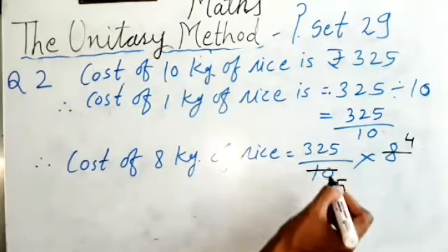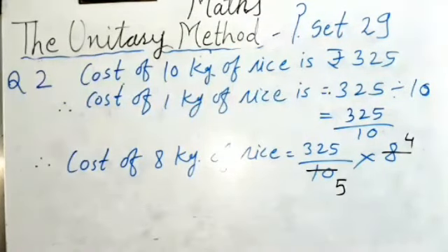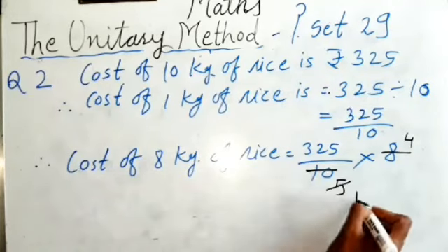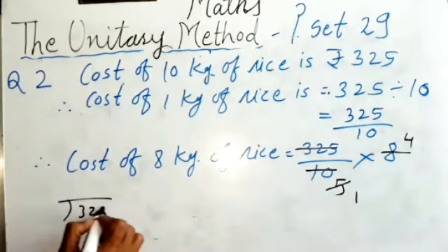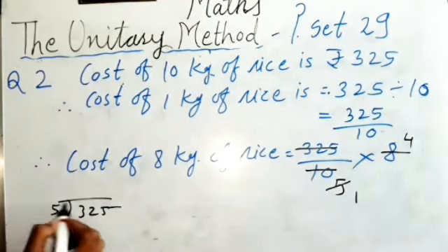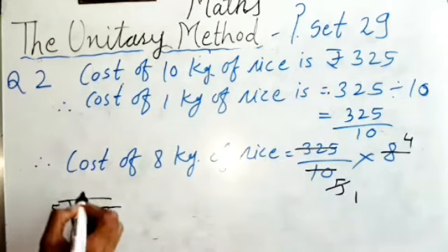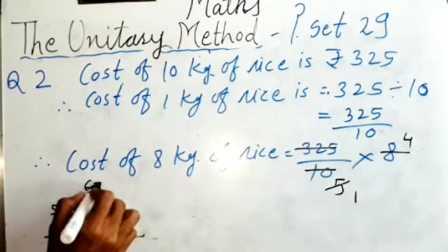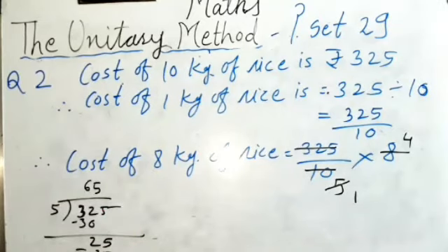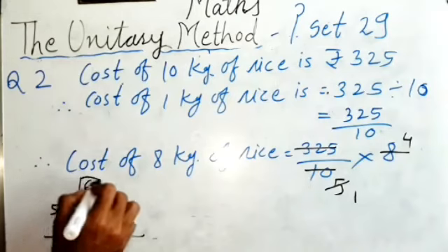Also, this 325 upon 5: I can divide these two numbers by 5. 5 1s are 5. 325 divided by 5, let us do it roughly. 5 6s are 30, here 2, 5 5s are 25. So I got 65.